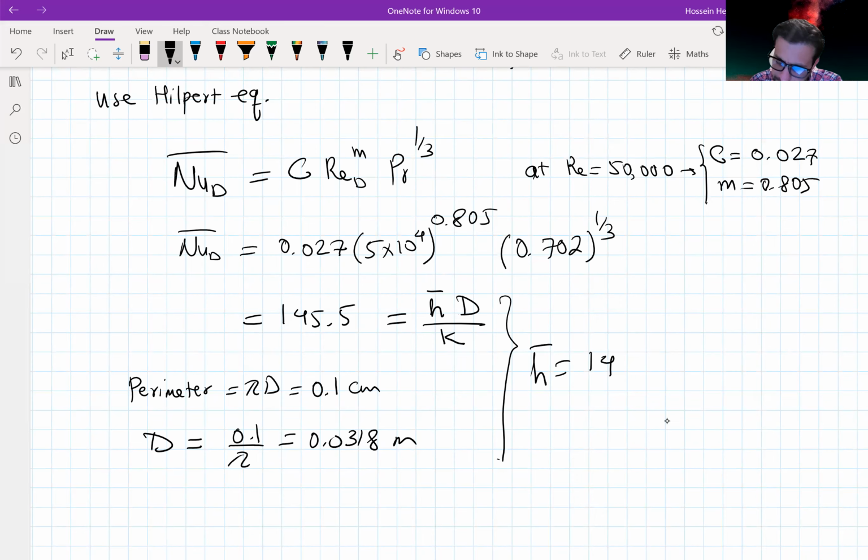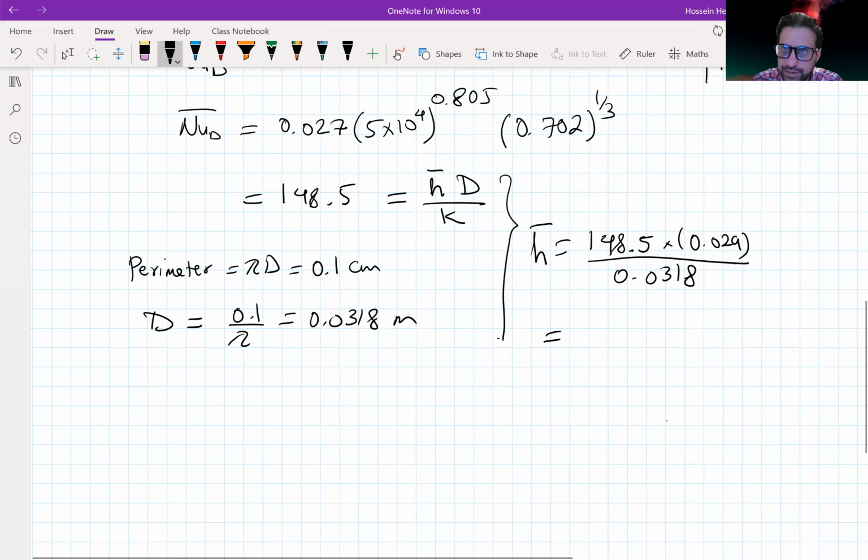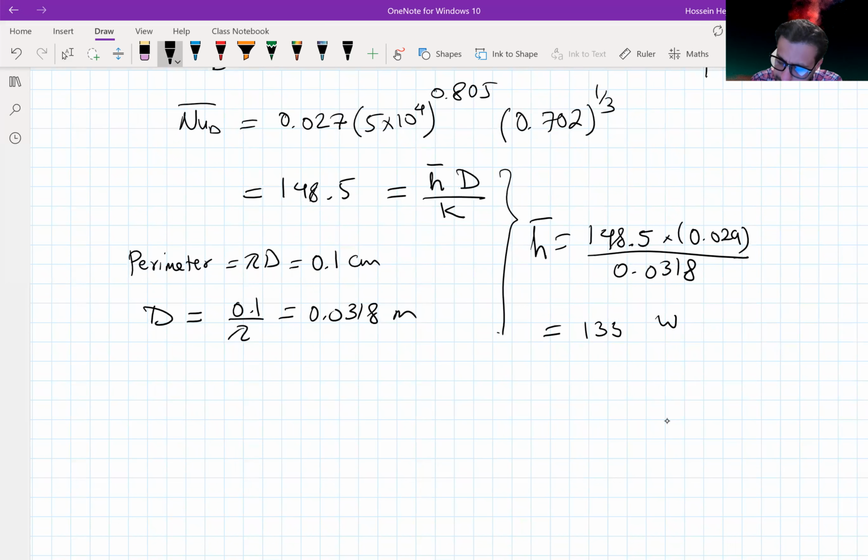So having everything here, we can find h, which is 148.5 times 0.029 divided by 0.0318. So the value of h is 133 watt per meter square Kelvin.